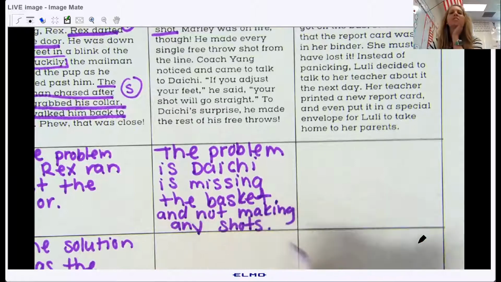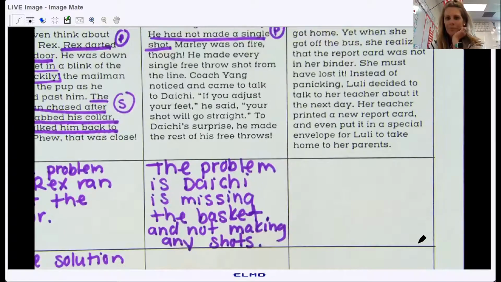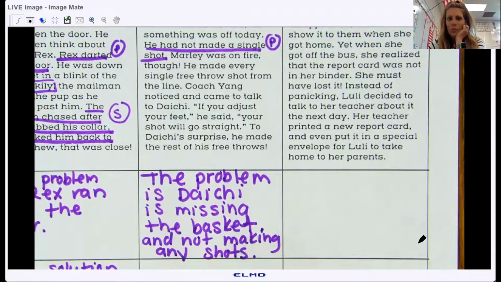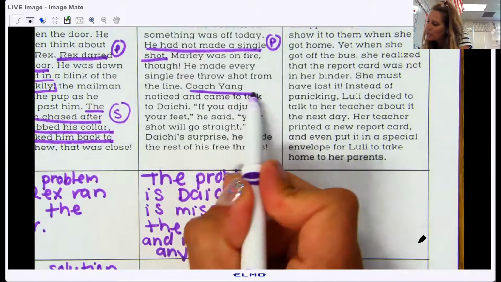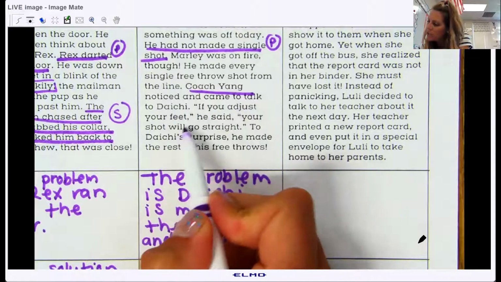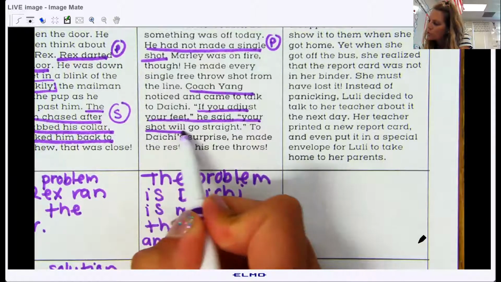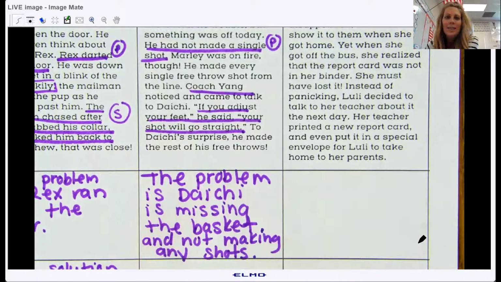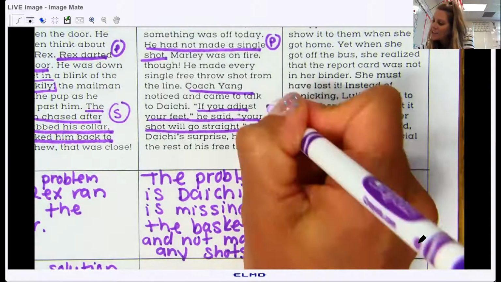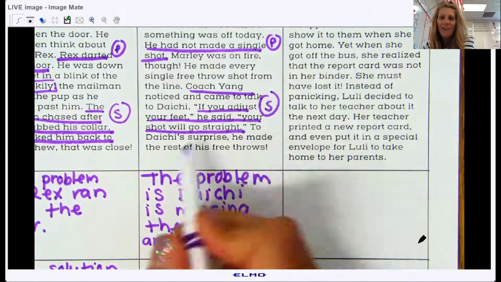So then what was the solution? Who helped him? Who helped him? Coach Yang, right? Coach Yang noticed and came to talk to Daichi. If you adjust your feet, he said, your shot will go straight. That is the solution, right?